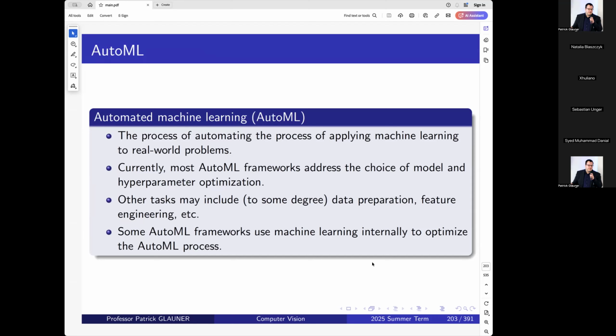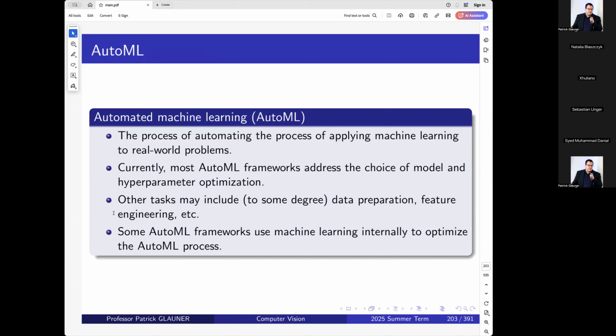So good AutoML libraries use machine learning to optimize my hyperparameter search.